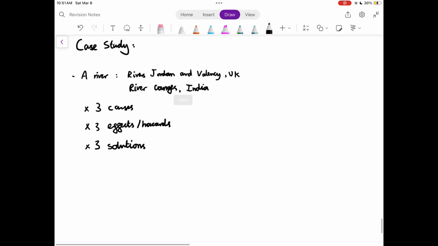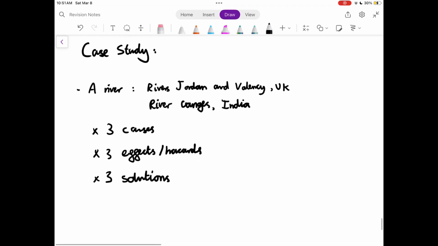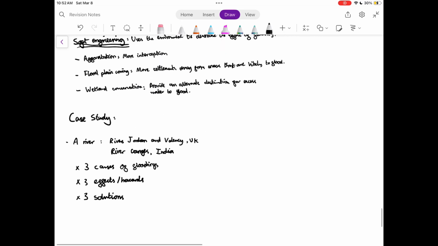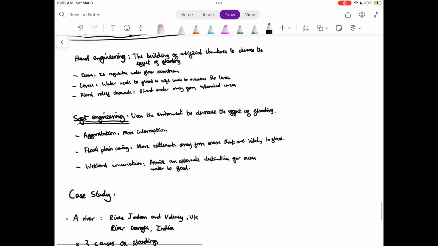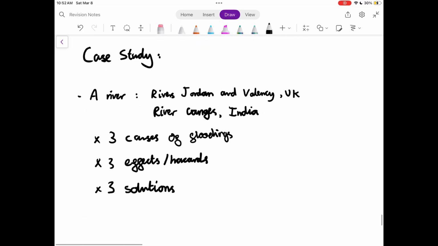So what you need to know for your case study are 3 causes of flooding. And you also need to know the effects and the hazards that are posed to the people living near the river because of flooding. And you also need to know 3 solutions, so like 3 mitigation strategies. So you would need to know in total probably 9 pieces of place-specific information for this case study.